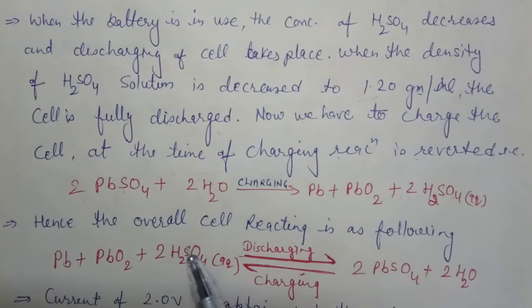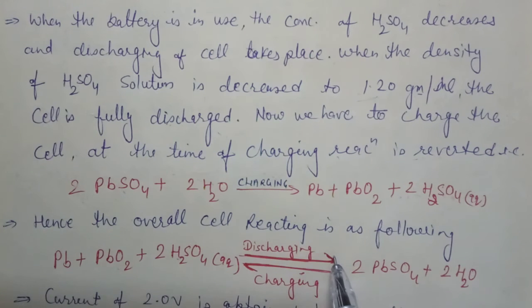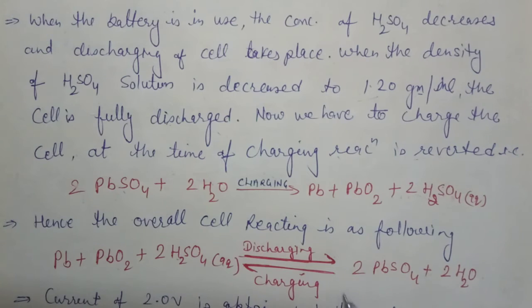Okay, now the overall cell reaction in the lead accumulator cell is as follows: Pb plus PbO2 plus 2 H2SO4 is equal to, at the time of discharging, 2 PbSO4 plus 2 H2O is formed, and at the time of charging, Pb plus PbO2 plus 2 H2SO4 is formed.